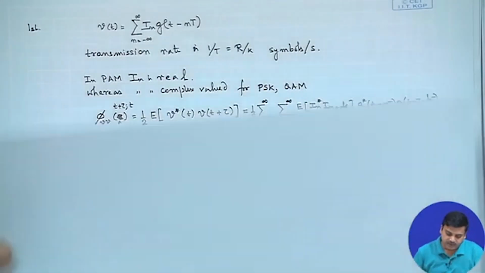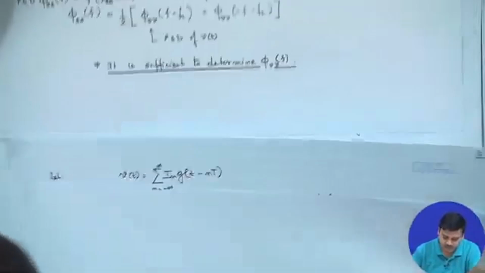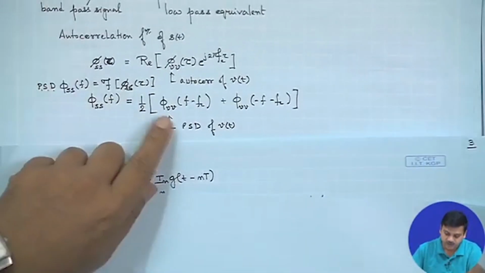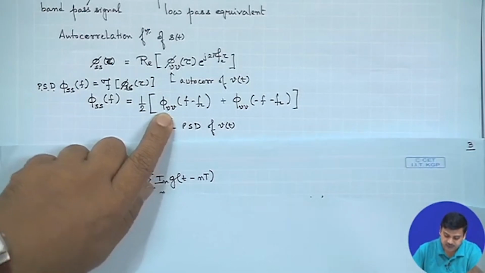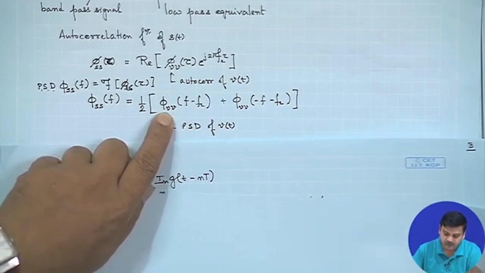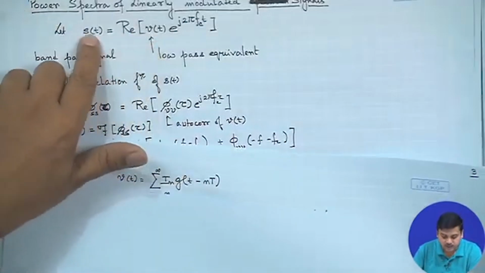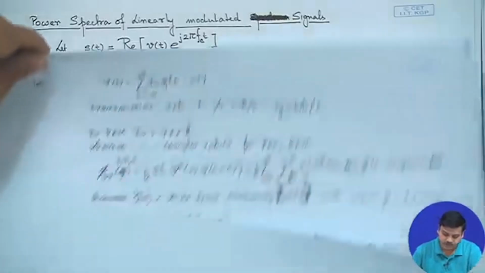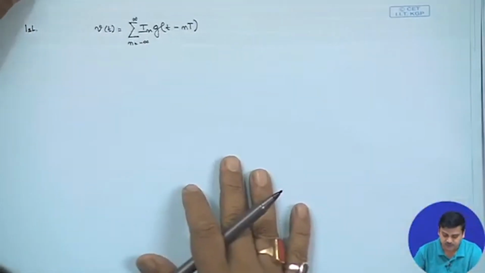So, we look at V(t), and just because we have discussed this, we need to find phi VV. In order to find this, we will start off with the expression of V, because in this expression we do not have the expression of V, it is the expression of S in terms of V. So, moving further, let us consider a V which is in this form.